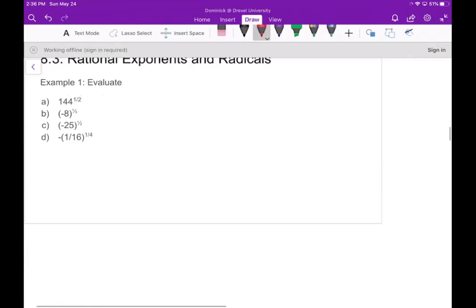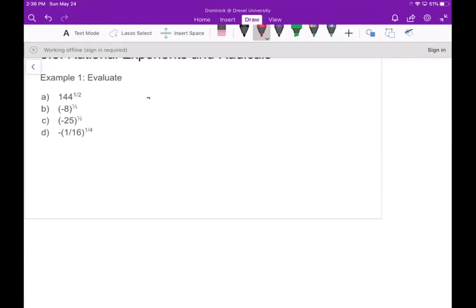All right, let's do a couple of examples. In part A, we have 144 to the 1/2, or another way you can think of that is the square root of 144. You could put a 2 there, but if it's not there, we assume that we're looking at a square root. What does this really mean? I know that you probably know the answer already, but let's think about what this actually means.